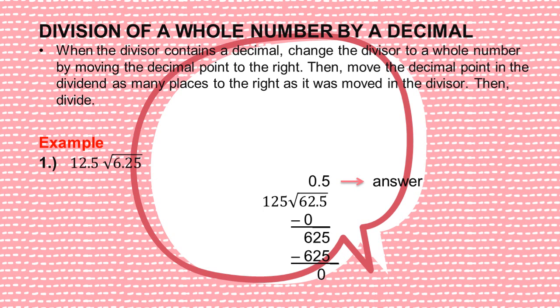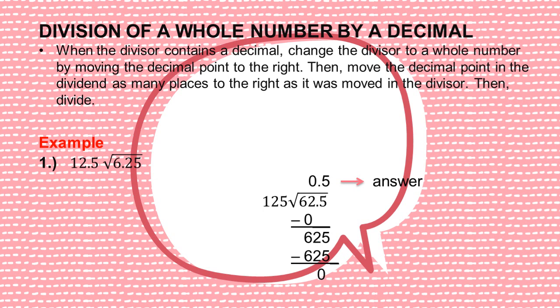So, since isa lang ang decimal value niya, dahil meron lang siyang 0.5 as decimal, i-move lang natin yung decimal point na ito na 1 decimal place to the right. So, magiging 125 na siya kasi nasa dulo yung decimal place value niya.